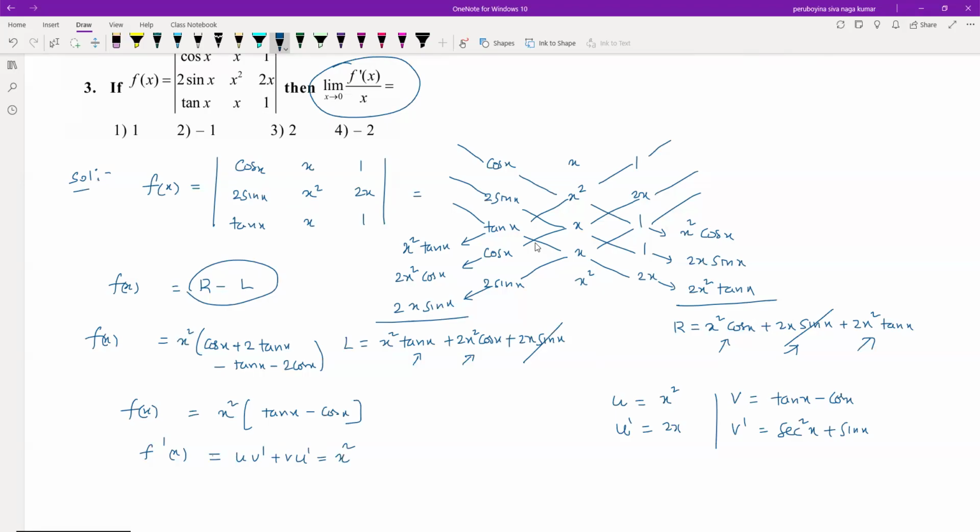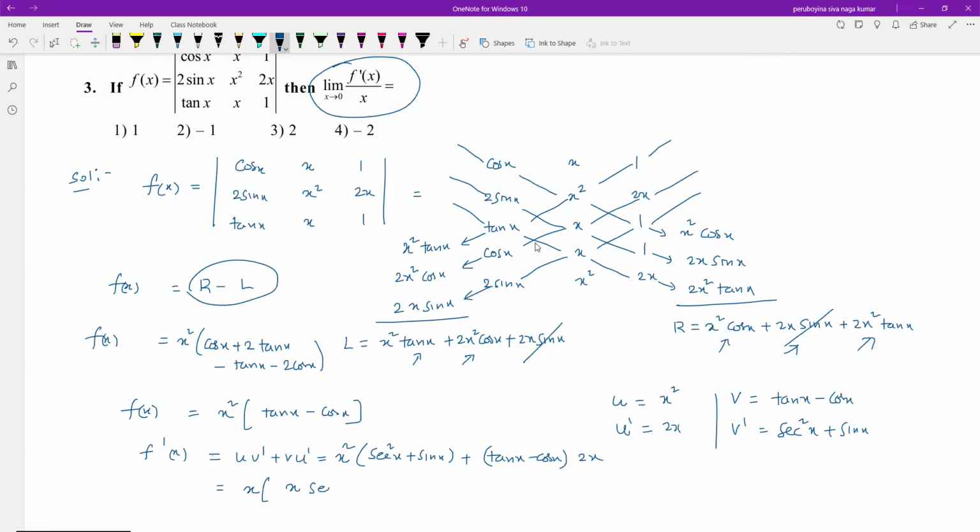u means x square, v dash means secant square x plus sin x, plus vu dash. v means tan x minus cos x and x square derivative u dash means 2x. You can take x common from the entire function.